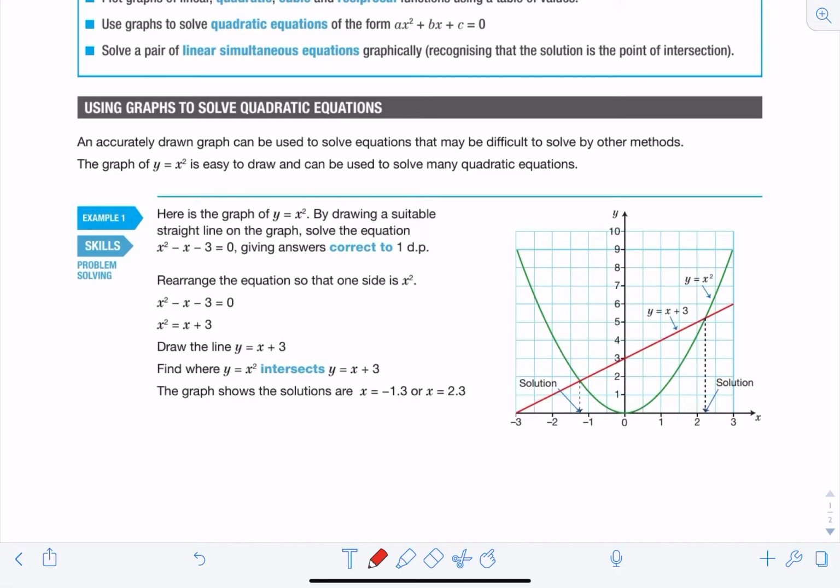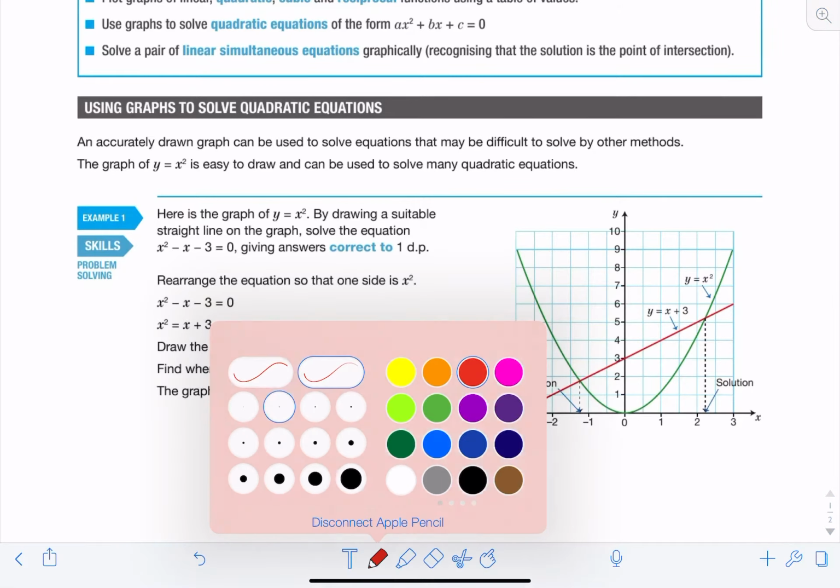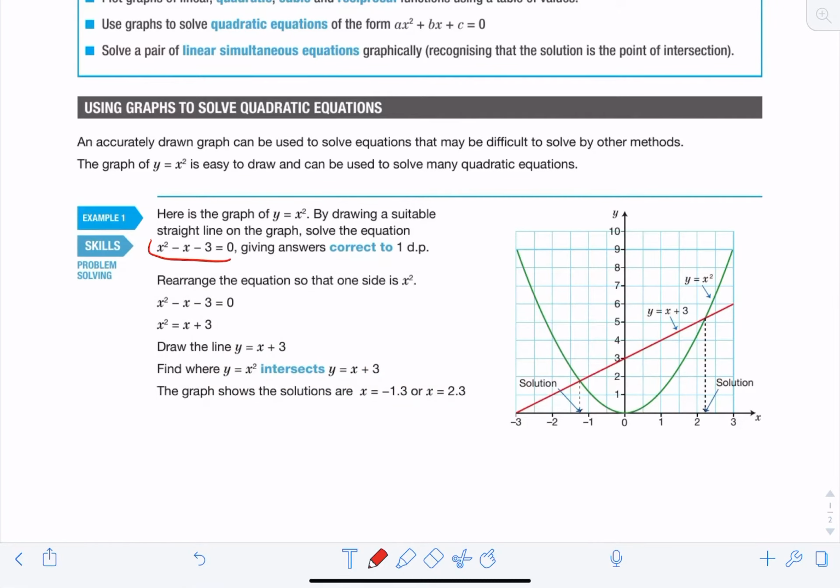We're solving that equation. And the question in an exam will be, solve the equation x squared minus x minus 3 equals 0, giving your answers to 1 decimal place. Make sure you're giving it to 1 decimal place, otherwise it will be wrong.